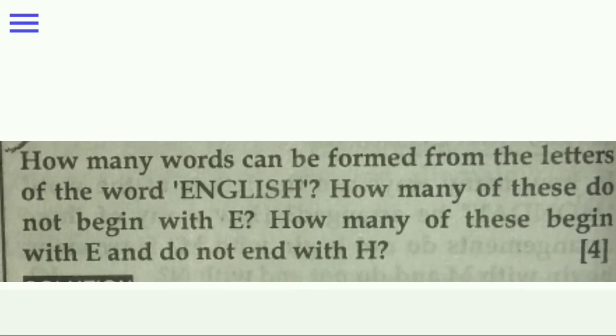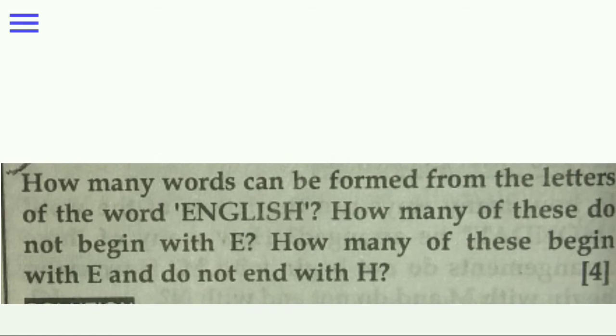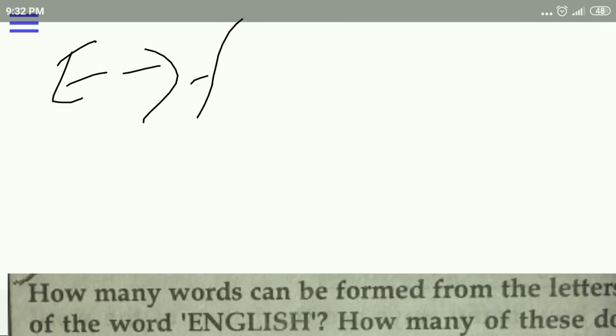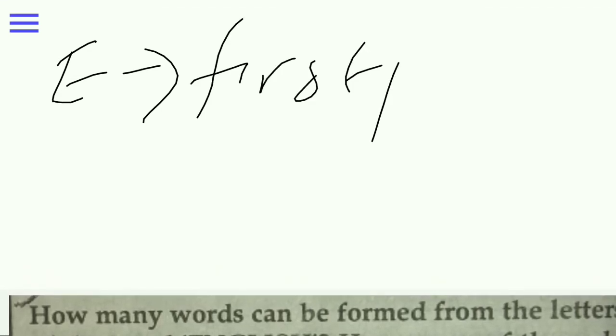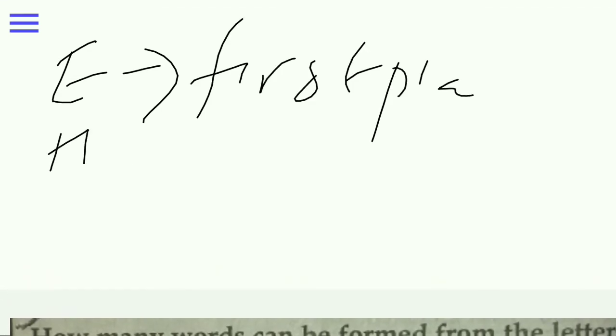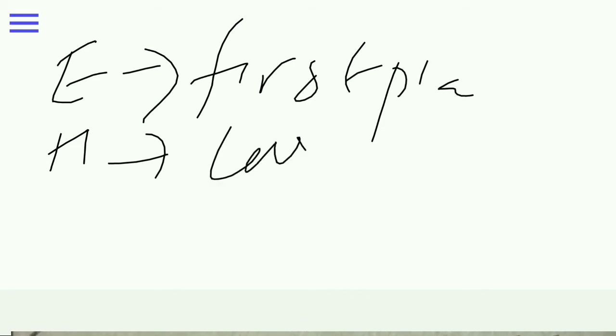And the third part asks how many of these begin with E and do not end with H. For this again we'll fix E at the first place and here we'll fix H at the last place. Then there will be 5 remaining letters.